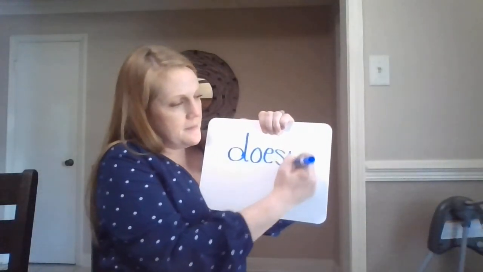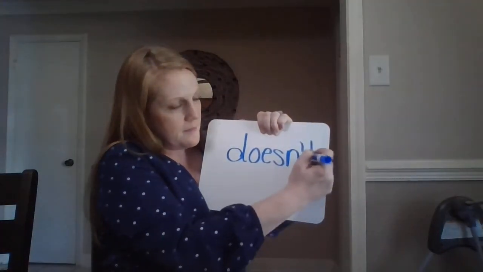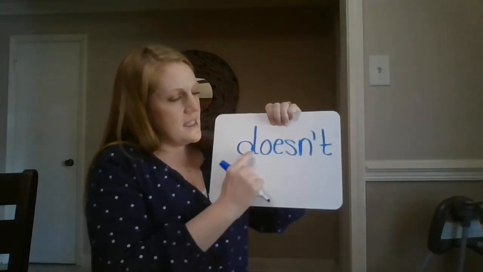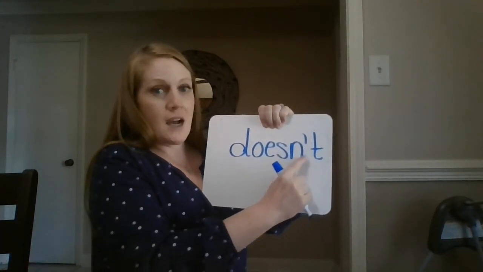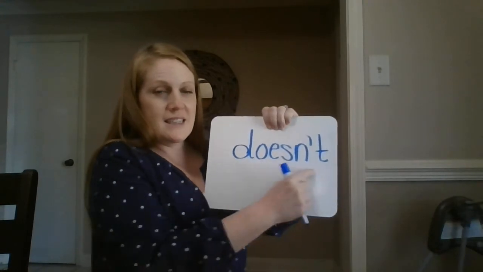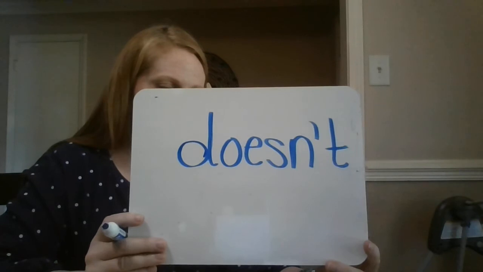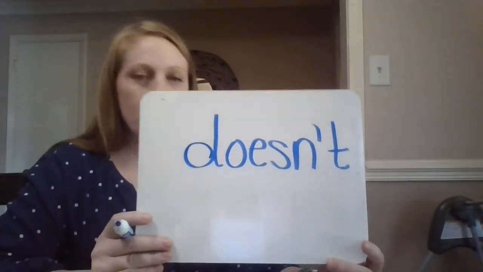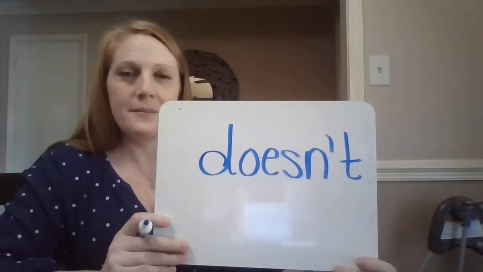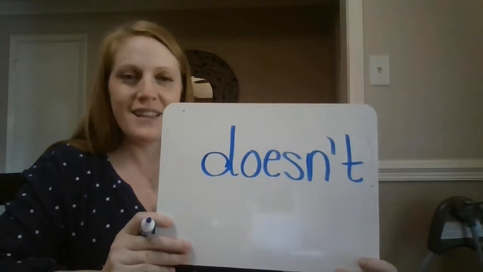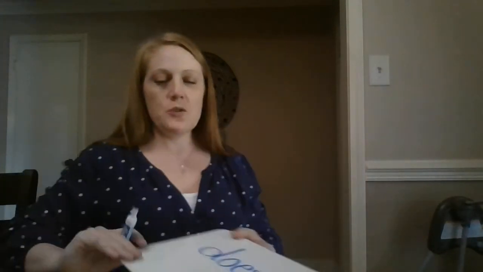N't. Doesn't. D-O-E-S-N apostrophe T. Doesn't. Make sure yours matches mine. What two words make up the word doesn't? Does and not. Very good. Let's do one more, and then you all are going to write a sentence.